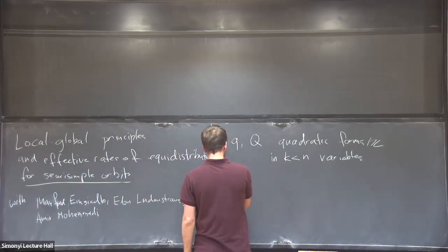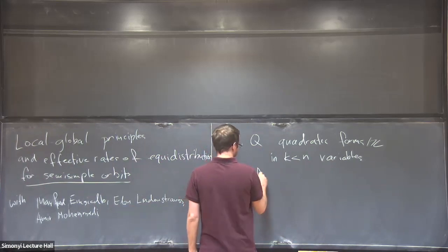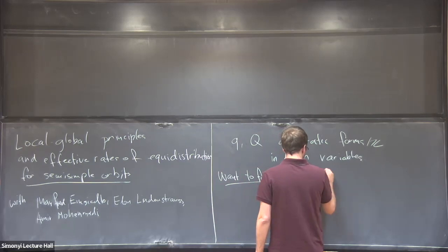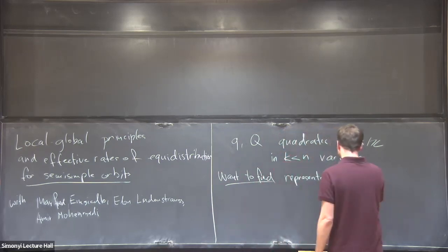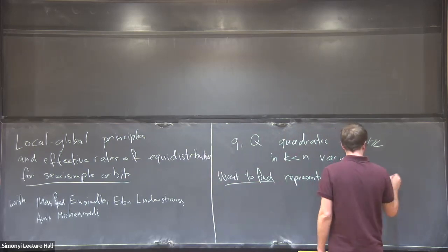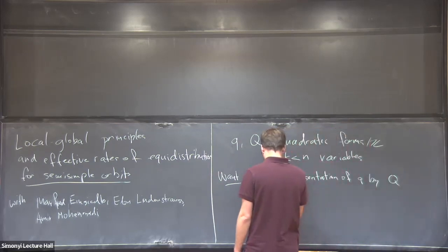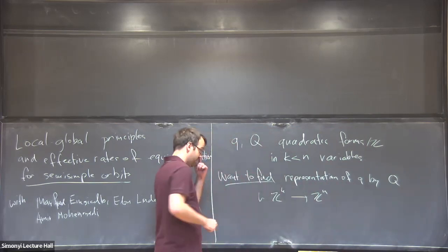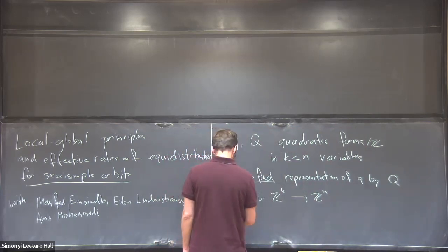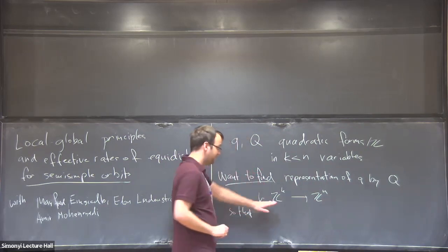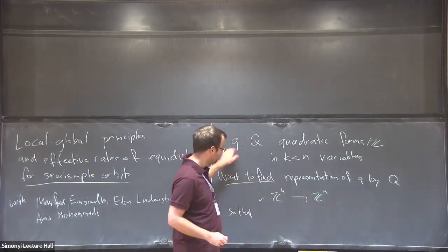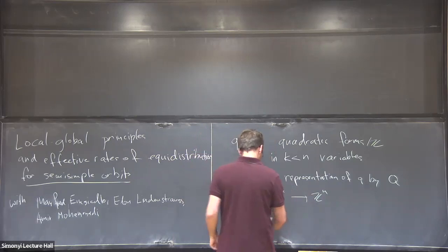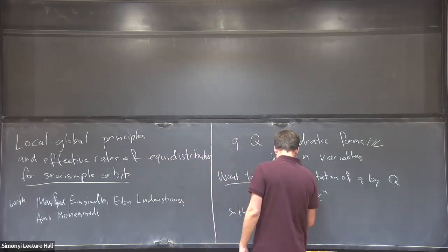It means finding a linear map from Z^k to Z^n, so that the restriction of the quadratic form Q to the image is exactly the quadratic form q. A different way of saying that.